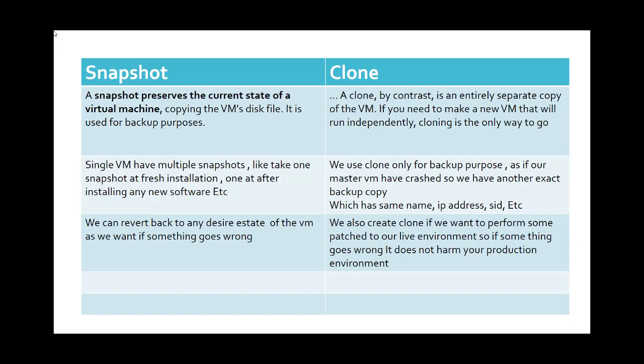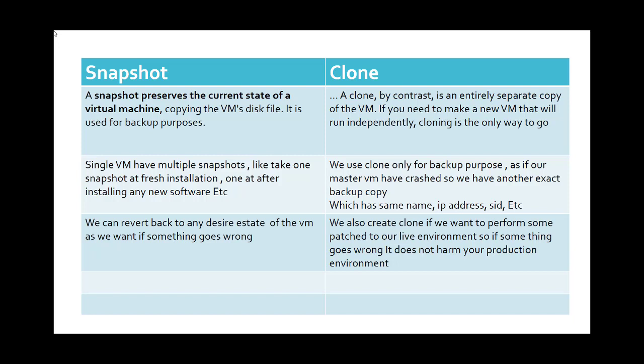Basically, a snapshot is just like taking a picture of a running virtual machine in its current state, whereas a clone is a totally separate copy of that virtual machine. If you destroy the parent machine, the clone machine will run independently. For a single VM, we can have multiple snapshots.